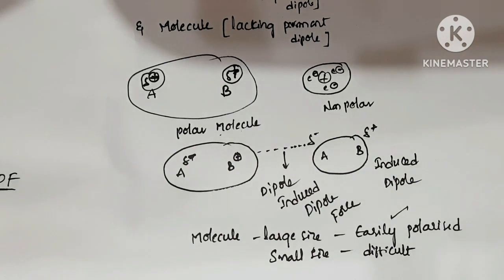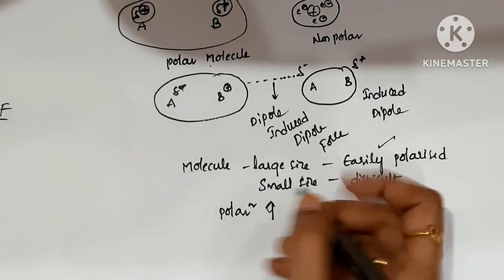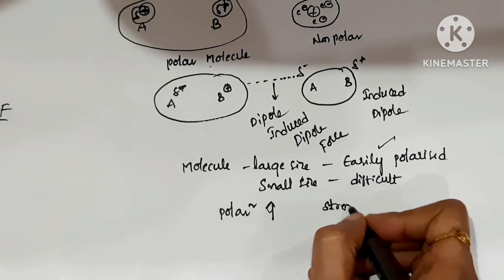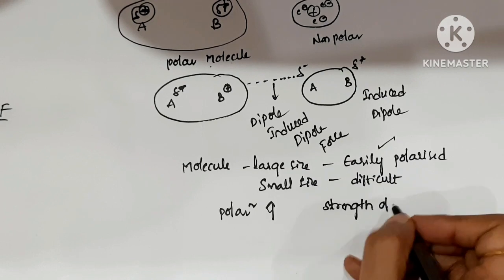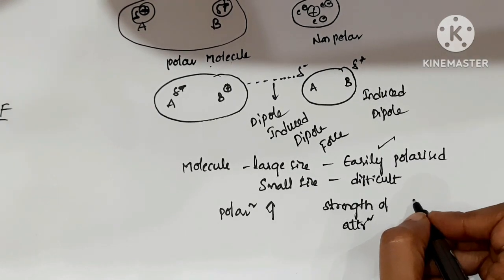High polarizability increases the strength of attractive interactions. If polarization is high, then the strength of the attractive forces is also high.